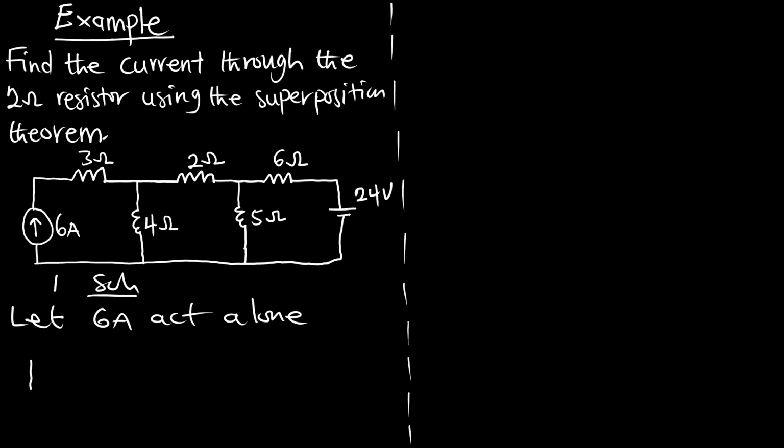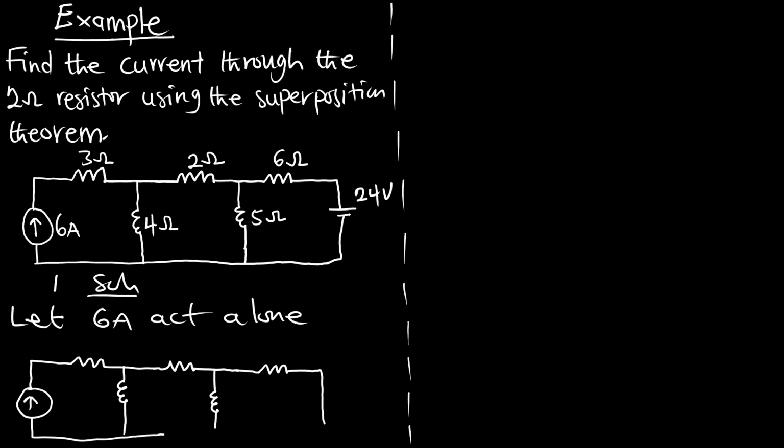I'm still going to have the current source working. My resistor 3 ohms is working. I have my resistor 4 ohm working, and I'm having the 2 ohm resistor, the 5 ohm resistor, and the 6 ohm resistor. Now the voltage source is short circuited, so we have our diagram this way for the circuits.